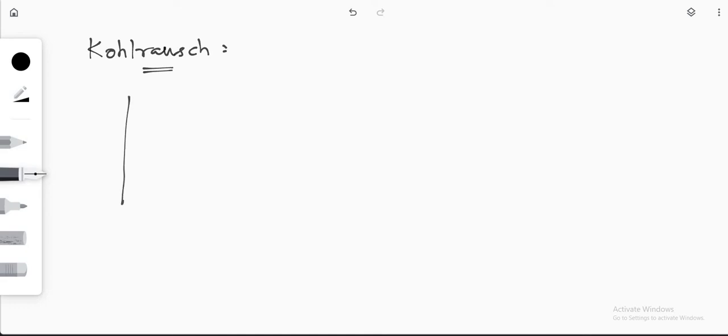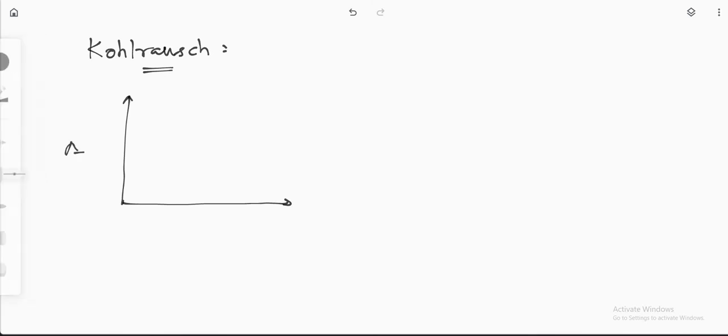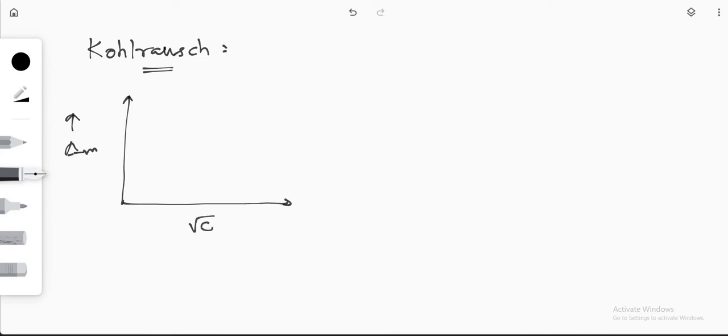He plotted molar conductivity versus square root of concentration for various electrolytes. Students, observe carefully.